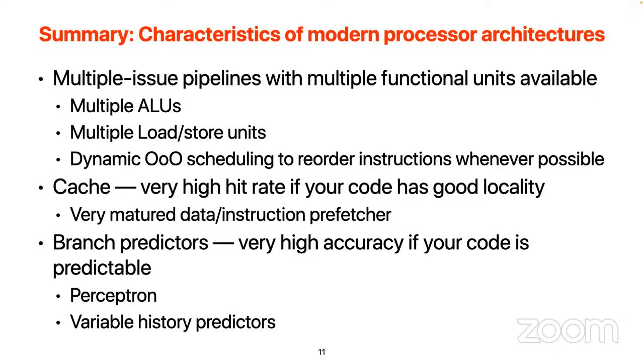And we also have predictors with very high accuracy as long as your code is predictable. And the predictor may be perceptron based or variable history length, right? So those are the features of modern processors. So today we are going to talk about, with these features, how are you going to program on those hardware?